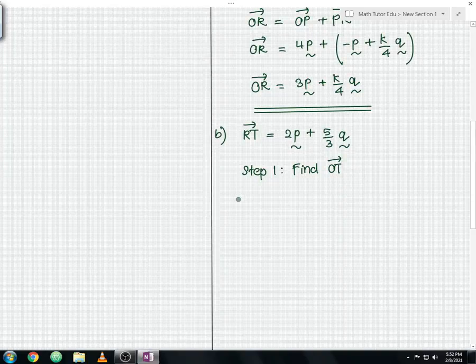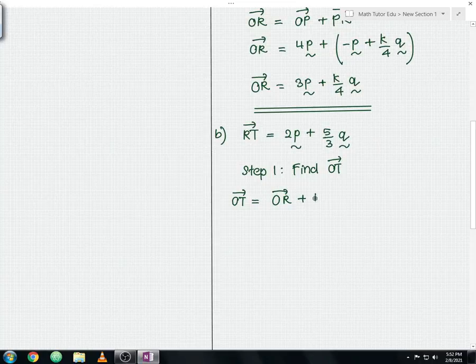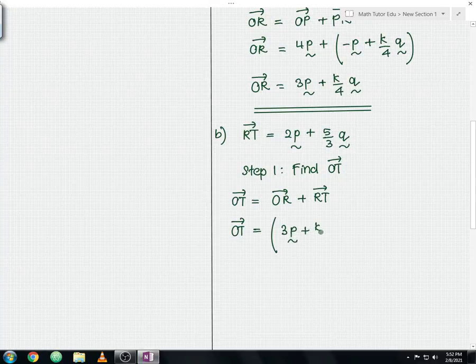So let us continue. To find the vector OT will be equal to vector OR plus vector RT. Let us continue the calculation. Vector OR we have already found in question part A, so you can just substitute the value here. So vector OT will be equal to 3p plus k over 4 q, close bracket, plus vector RT.